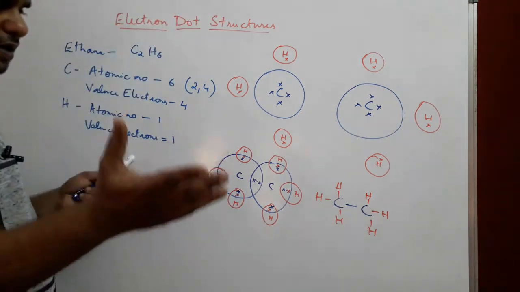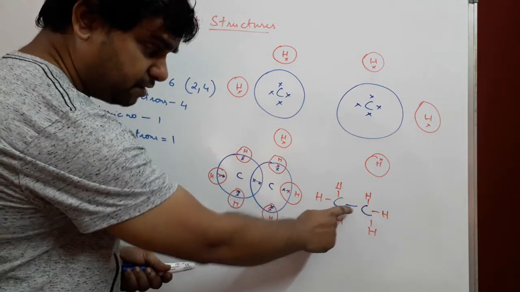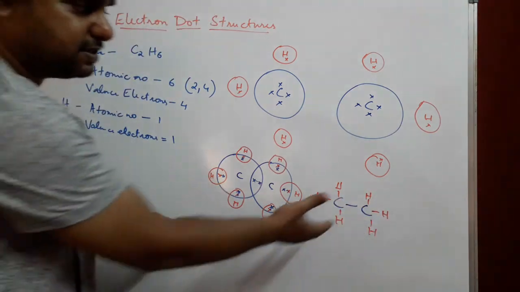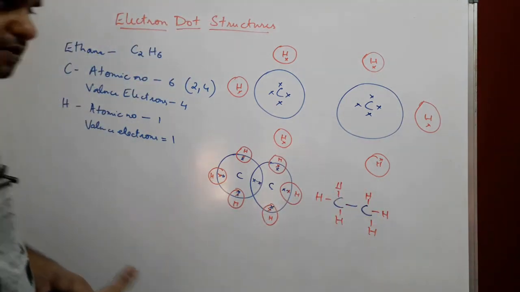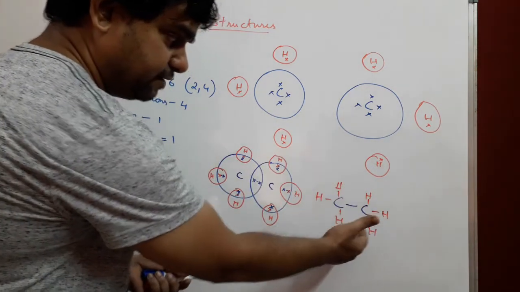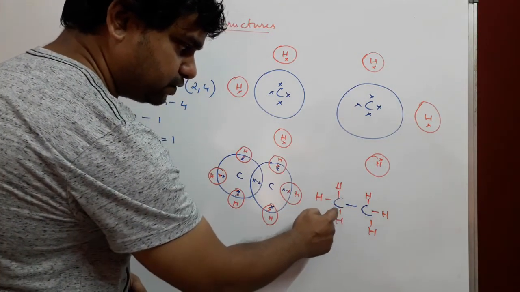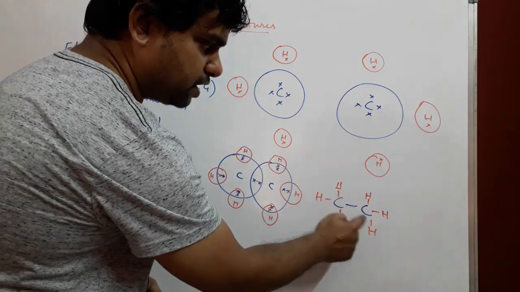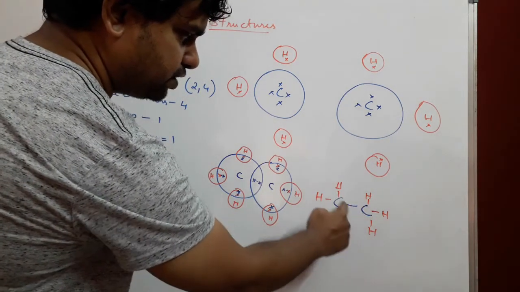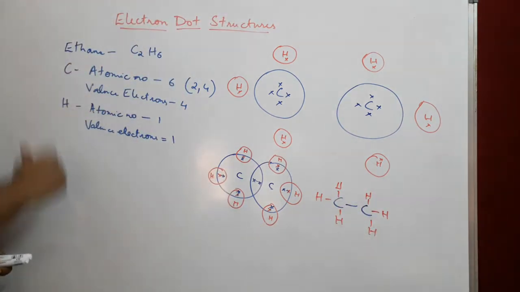Now you might say we have already counted this carbon bond, but you should not forget that it is being shared. It is not that this carbon atom is taking that electron, it is just getting shared with each other. So we do count it again. So as a result, we have C2H6, as the name suggests, ethane.